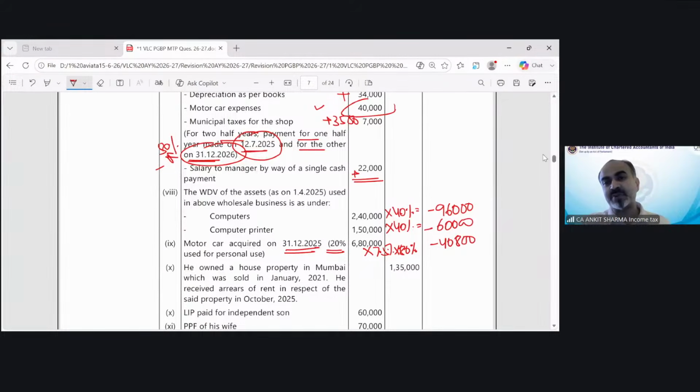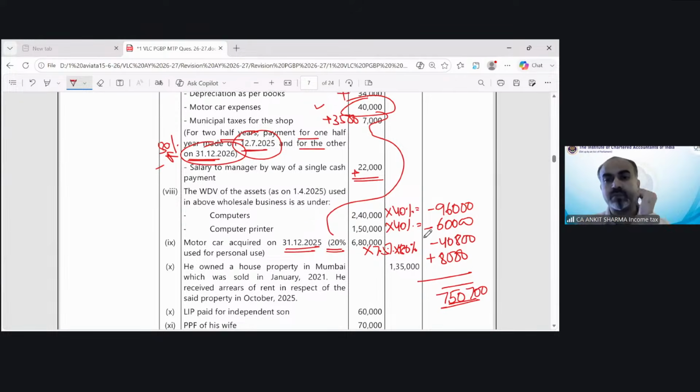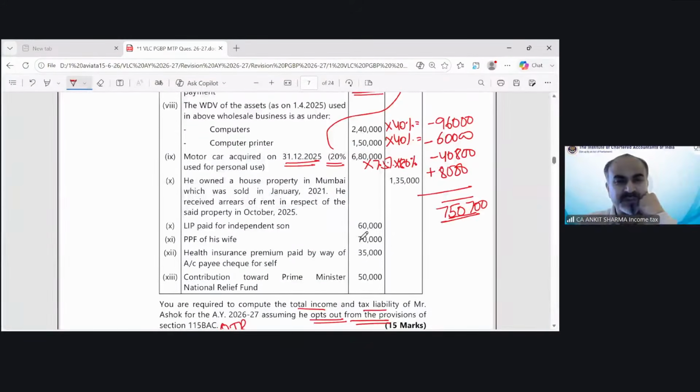There was a car expenditure of 40,000, and now because we know that the car has been used 20% for personal, this motor car expenditure is disallowed 8,000 rupees also. After doing all this plus minus, the correct answer would be 750,700. I hope it's clear, students. Other information is for deduction, etc.